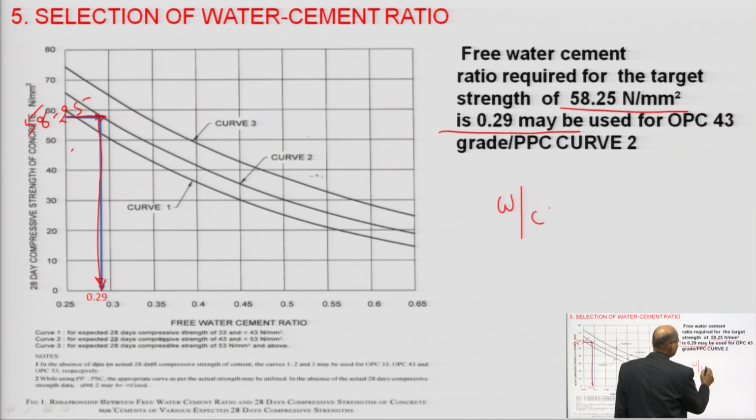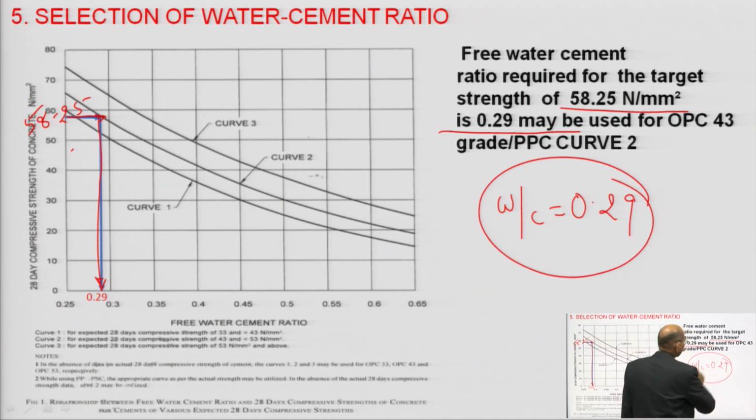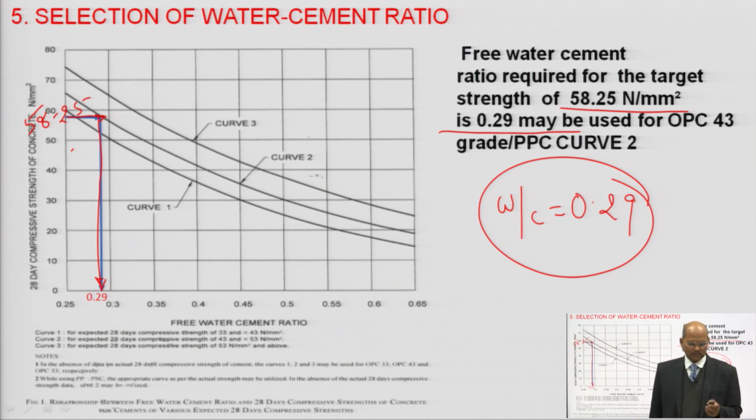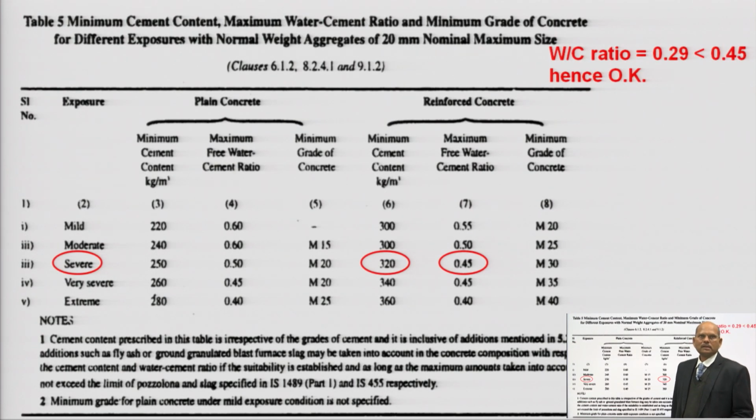So, the water cement ratio is 0.29 from the strength criteria. That way you can get a strength of 58.25 Newton per mm square, and a characteristic strength of 50. That is from the strength criteria. Then you have to consider the durability criteria also.